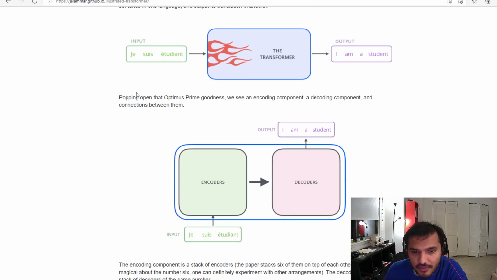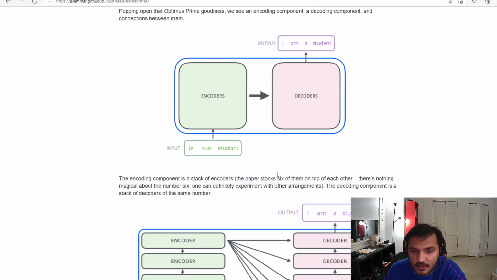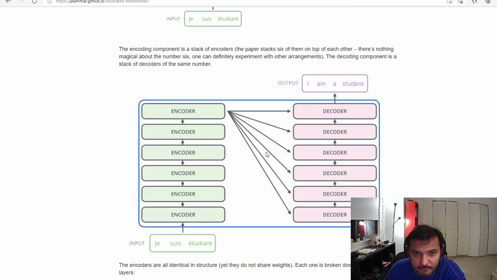Now, before transformers, we typically had RNN and LSTM-based encoder-decoder networks. So you fed in the statement and you would get some representation, and then you fed that into decoders, and then that would generate the output. That's the old school way of doing it. Now, you could have multiple encoders, and then multiple encoders could give their output to multiple decoders.